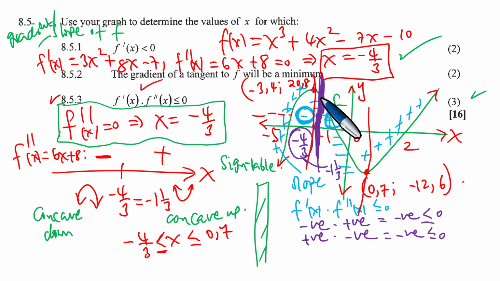Then the slope starts being negative on the graph. So which means that you'd have to take it from x less than minus 4/3, or, okay. So this is sort of the answer to it.